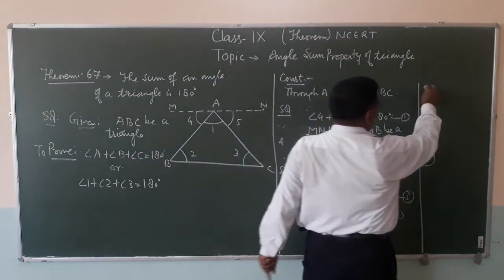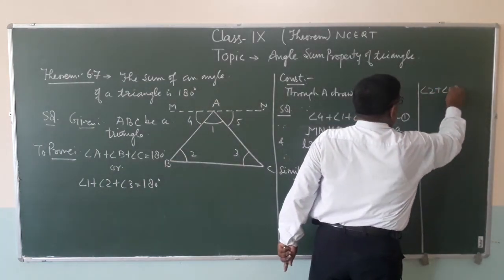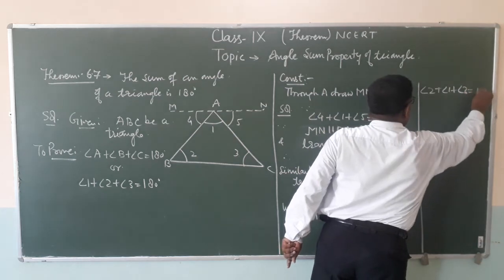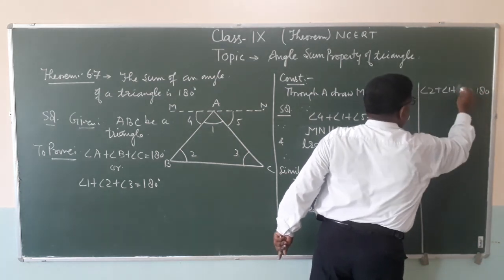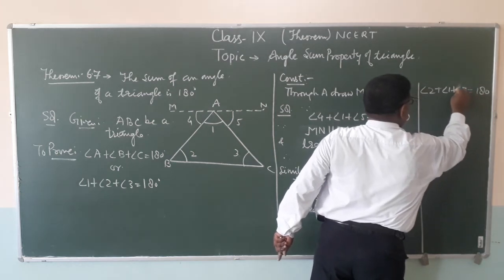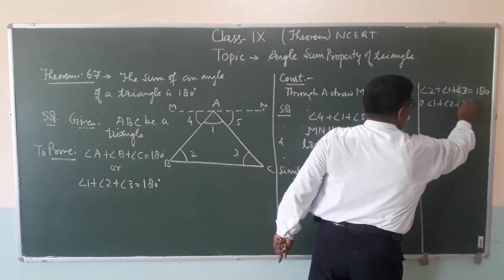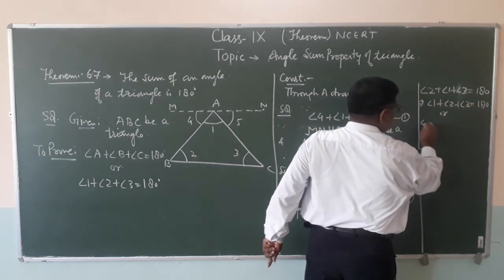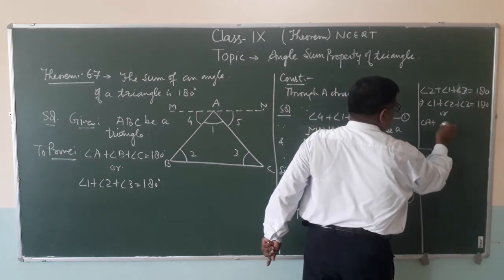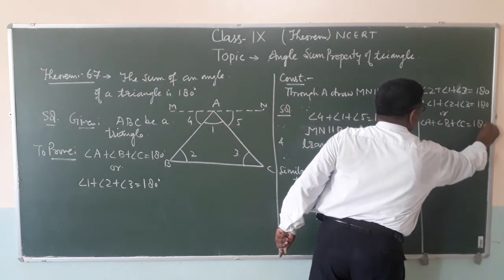So angle 2 plus angle 1 plus angle 3 is equal to 180 degrees. This implies that angle 1 plus angle 2 plus angle 3 is equal to 180 degrees, or angle A plus angle B plus angle C is equal to 180 degrees.